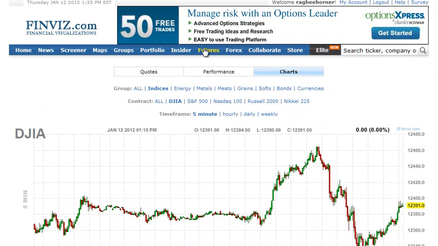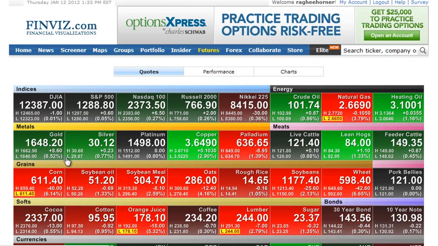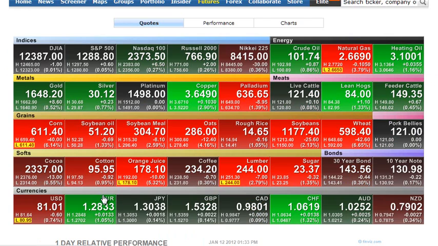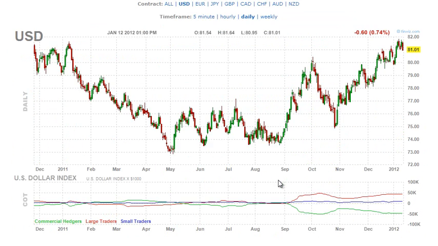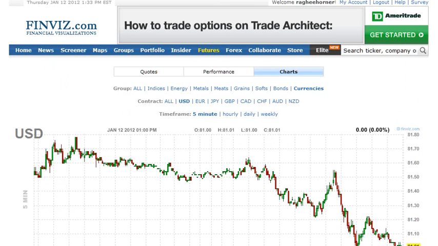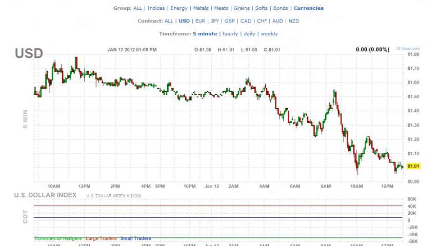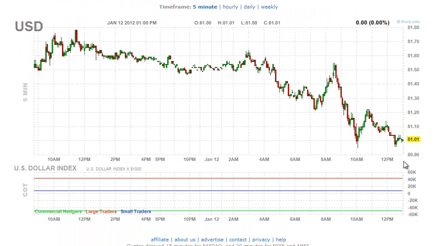But when I head on over to the US dollar, you can find that right down here in the corner, and I take a look at that chart, and I zoom into a 5-minute, take a peek. We're heading lower here too.